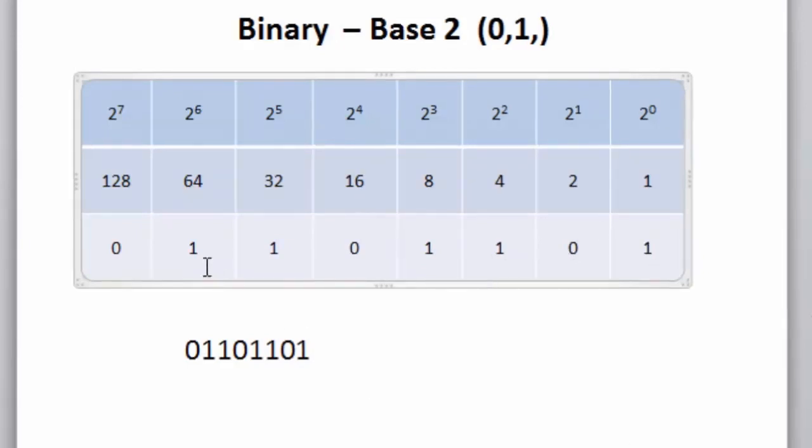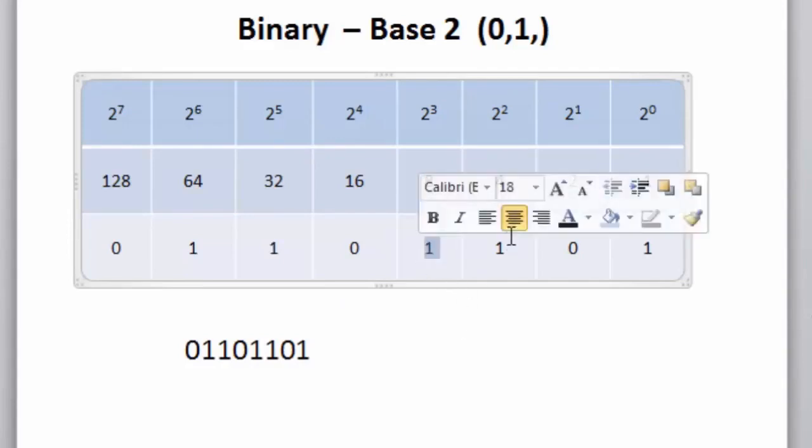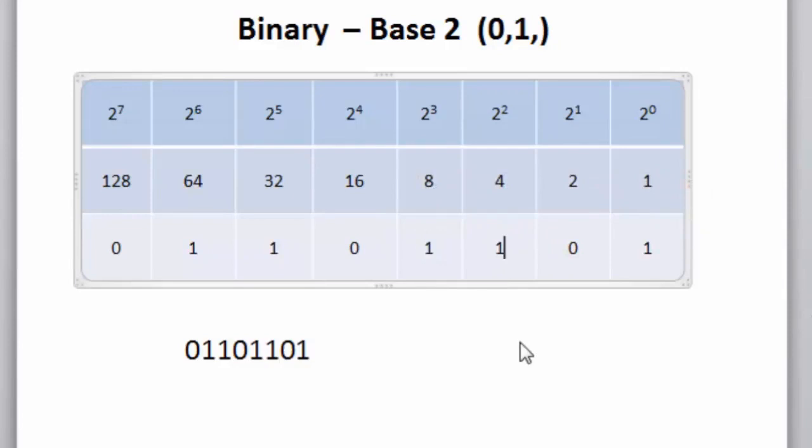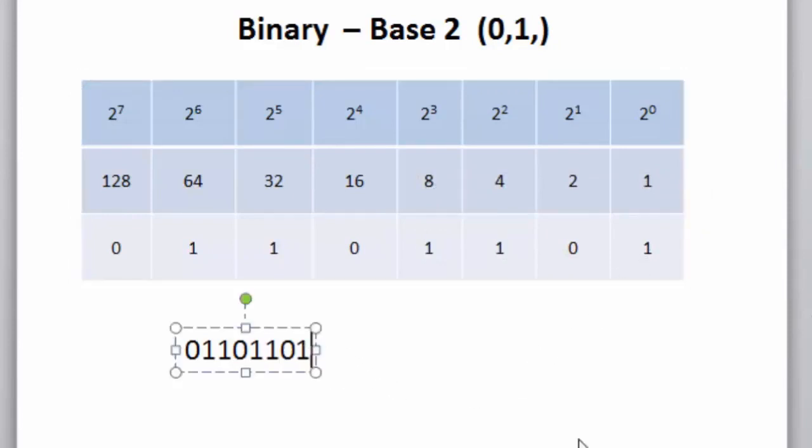I have a 64 and I have a 32. 64 plus 32 is 96. Plus I have an 8, that makes 104. Plus 4 makes 108. Plus 1 makes 109. This number, converted to decimal, is the number 109.